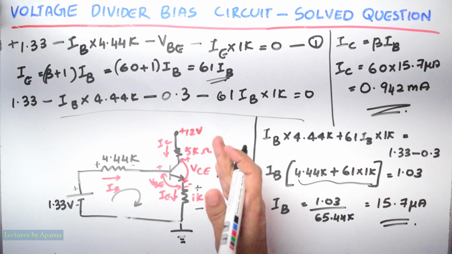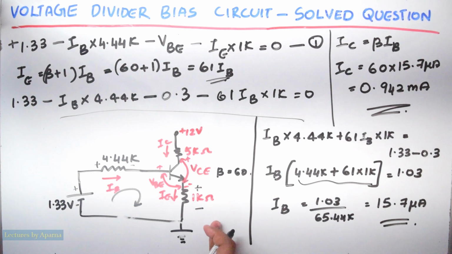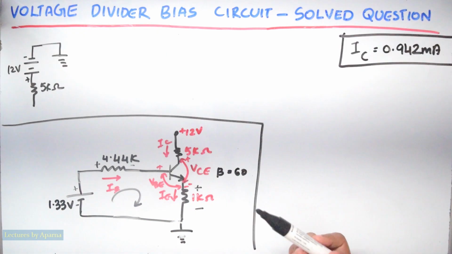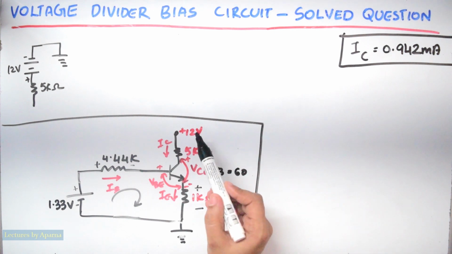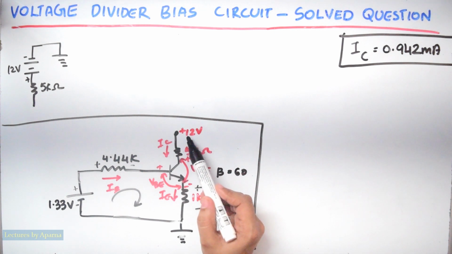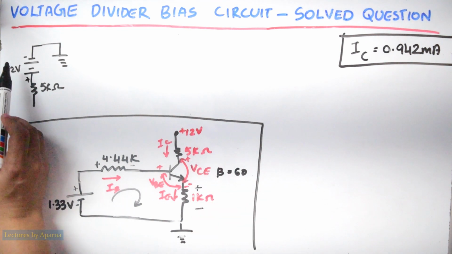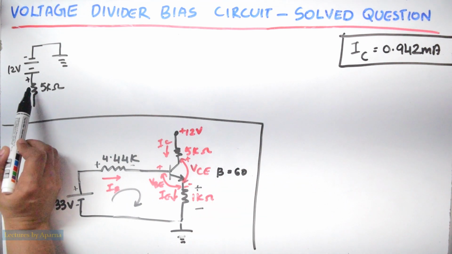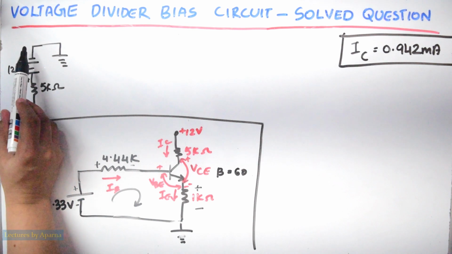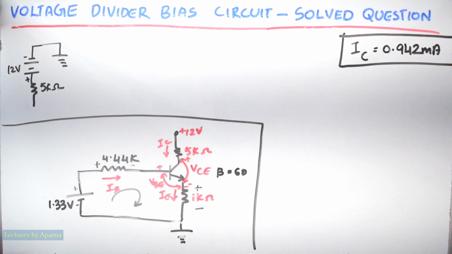Now we have to analyze the output section. Write the loop equation using KVL. So here VCC is actually connected like this. It is because the positive terminal of the battery is connected to 5 kilo ohm. So we have connected the positive terminal of the battery here to 5 kilo ohm and the negative terminal to the ground. So VCC is actually like this.